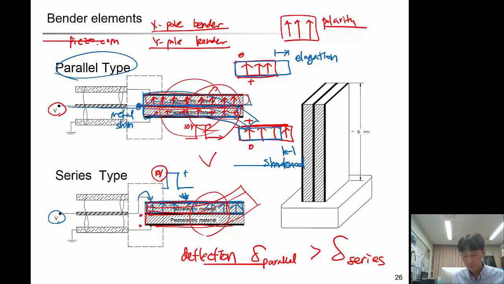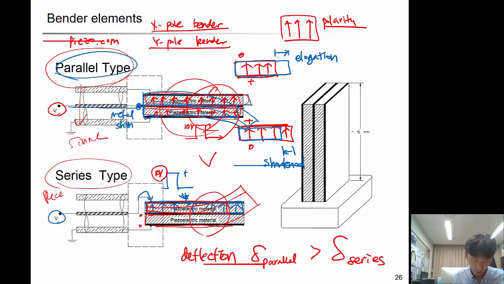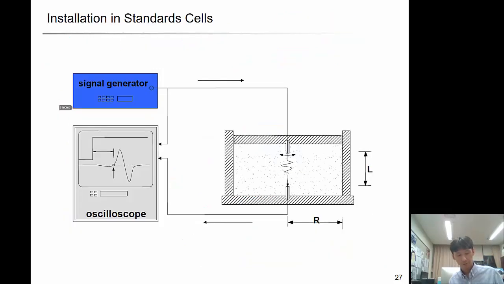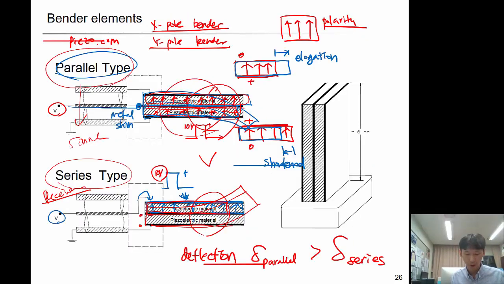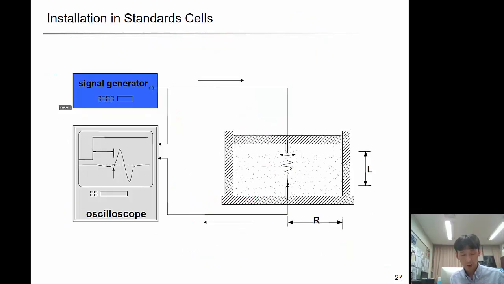Many people in the literature suggest using the parallel type as a source and the series type as a receiver. But anyhow, you can use the parallel type for both source and receiver, or the series type for both. From my experience, it doesn't affect the result that much.